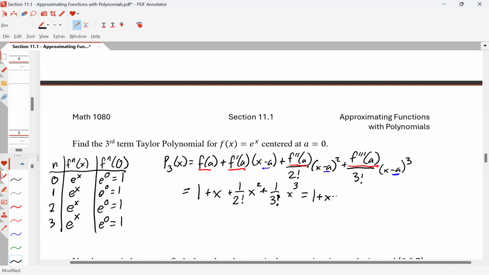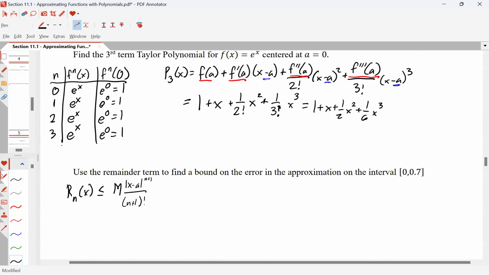Or 1 plus x plus 1/2 x squared plus 1/6 x cubed. There is our approximation with this third degree Taylor polynomial.